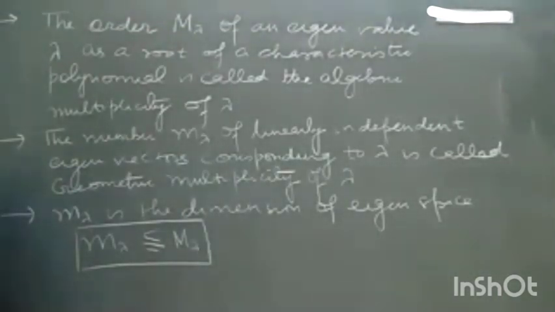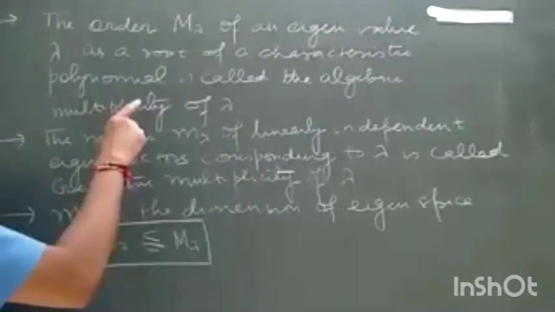Suppose you have a 3x3 matrix, then you have a polynomial of order 3, and then you calculate the linearly independent eigenvectors. Like in our case, the number of linearly independent eigenvectors that we calculated.